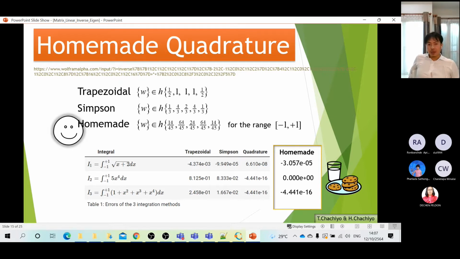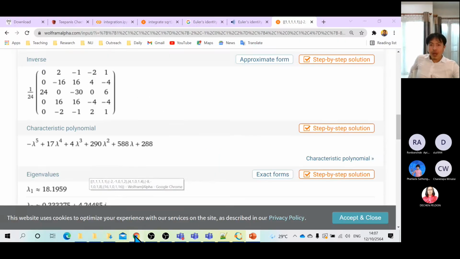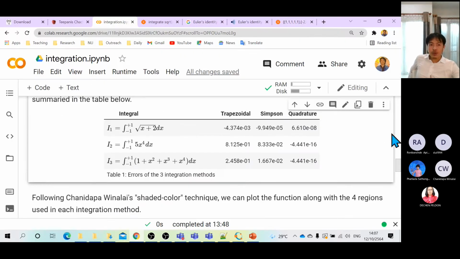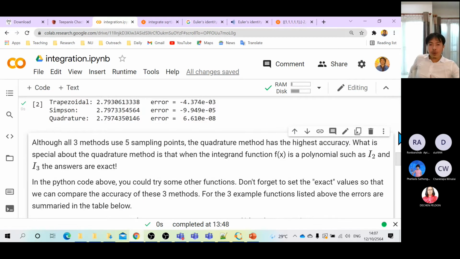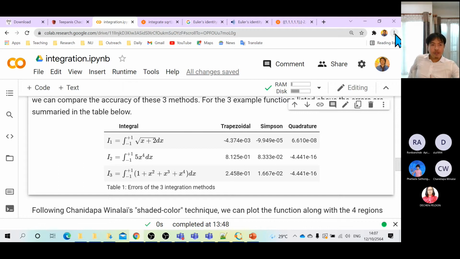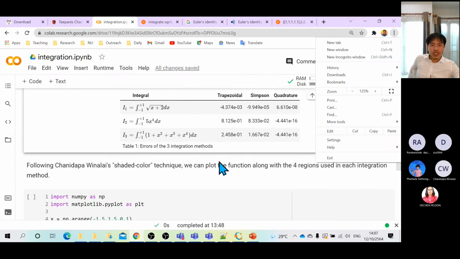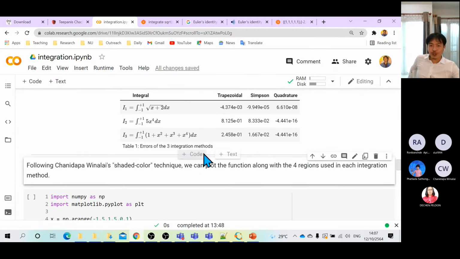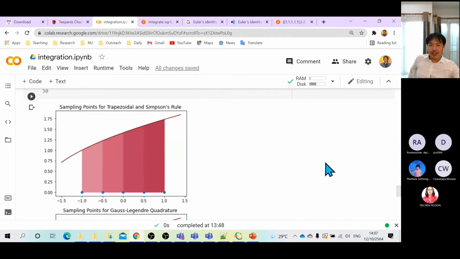Any idea? Oh, by the way, I found a way to plot quadrature sampling points, which I found from Chanita's homework solution, and it was very good.